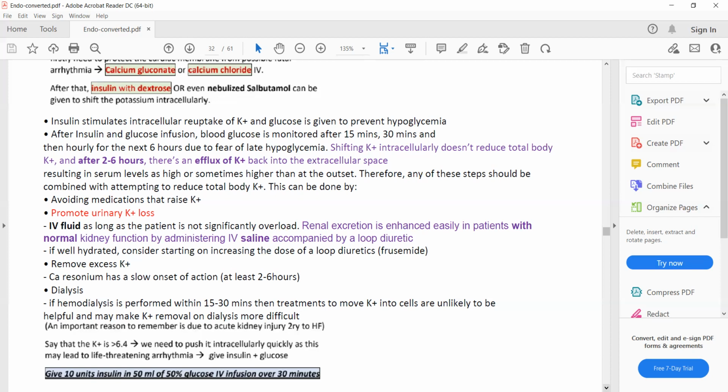And the last step is that we can give a drug known as sodium zirconium or K-oxalate, which comes in powder form, and it will bind with dietary potassium ions. So it will decrease the absorption of potassium ions through the enteric tract.